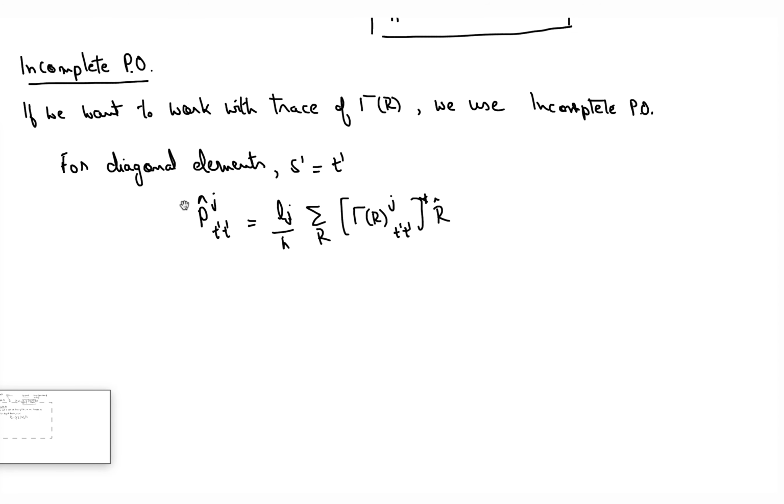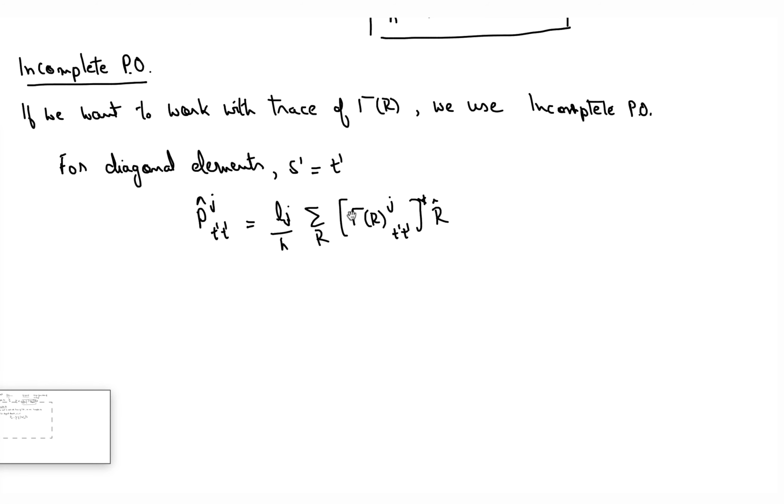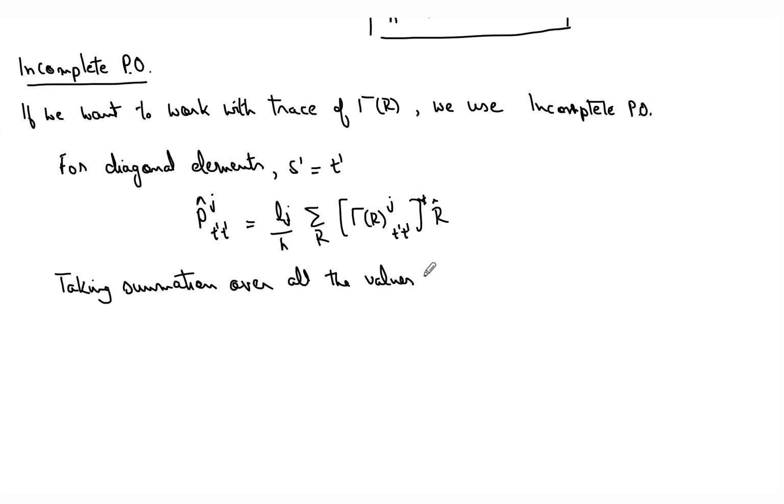Now to obtain the trace here, we need to carry out a summation over all T prime, taking the summation over all the values of T prime, which is nothing but different values of these phi functions, because phi functions vary for different values of T or S. So we have the summation over all T prime of P_j T prime.